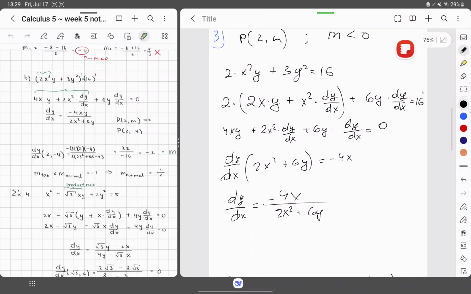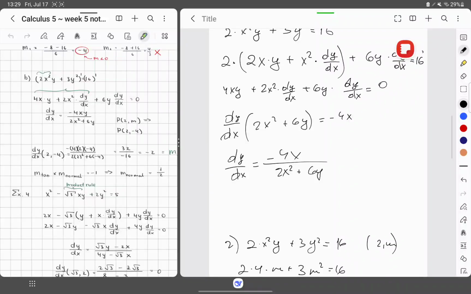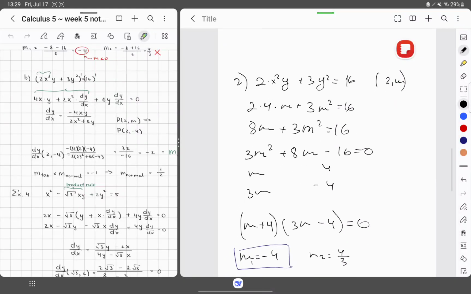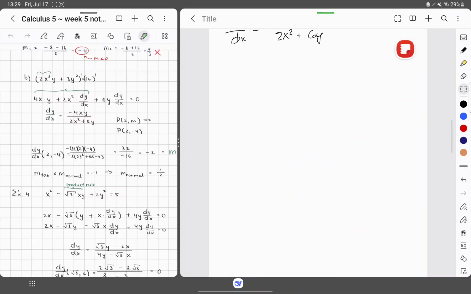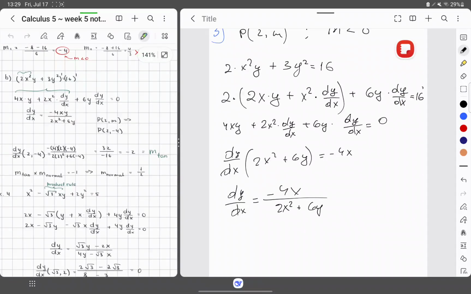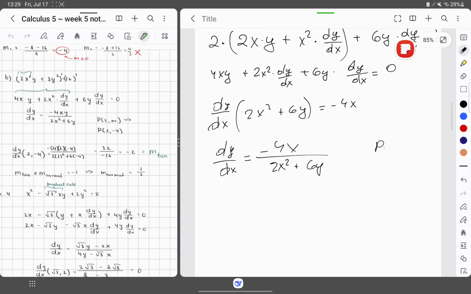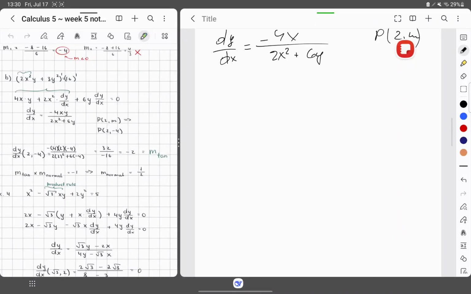Alright, we have this one. Let's learn it. Our point was p equals m, and our m is negative 4. We found it here.